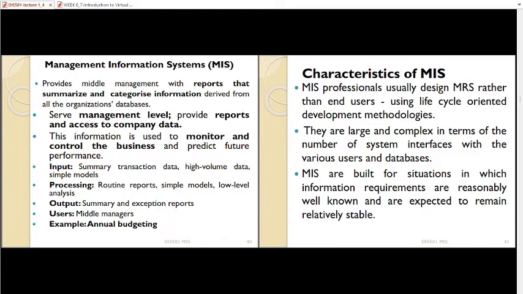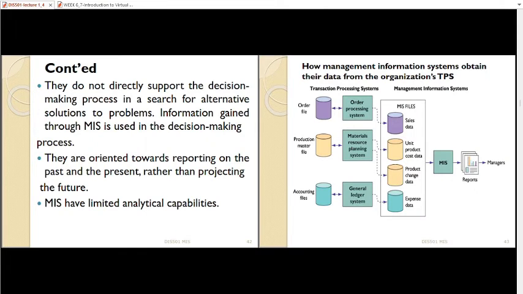So the MIS are built for situations in which information requirements are reasonably well known and are expected to remain relatively stable. The reason is that at the operational level, we are running tasks that are of routine nature, so they do not directly support the decision making process.